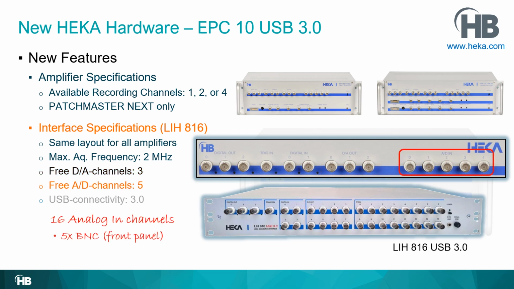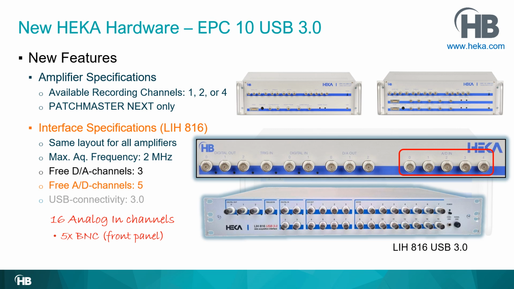Then we have 5 free AD channels on every amplifier. Every amplifier, single channel, double and quattro, has 5 AD in channels. Whereas the standalone interface has a total of 16 analog in channels.